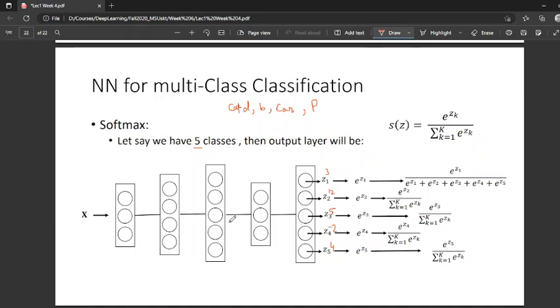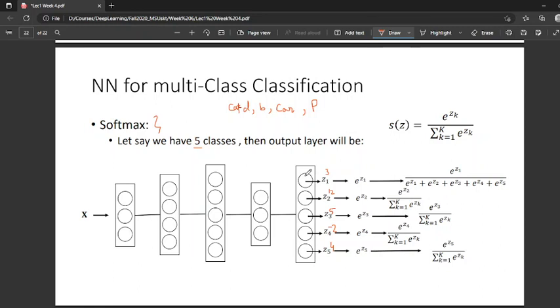So we will make a typical neural network. We will apply the image here as an X and add the output layer. An important thing you need to understand is that at each hidden layer we will have activation functions, but for multi-class classification, at the output layer we have a softmax function as the activation function.